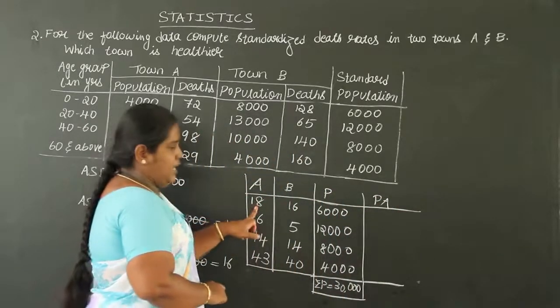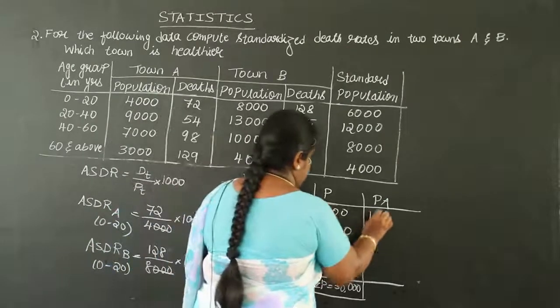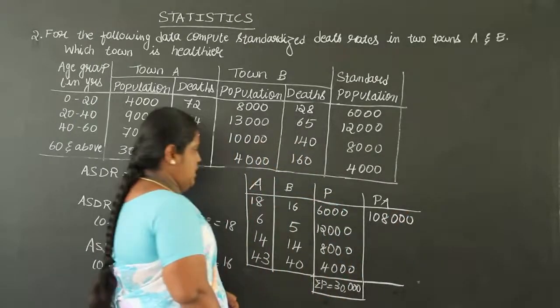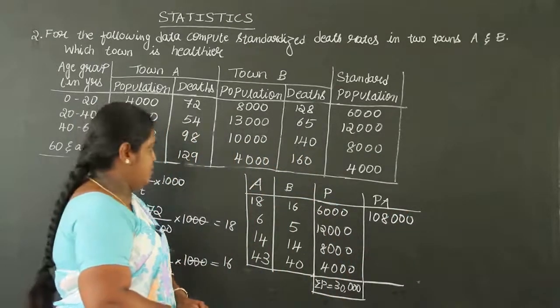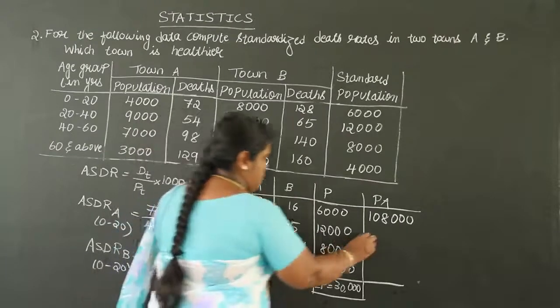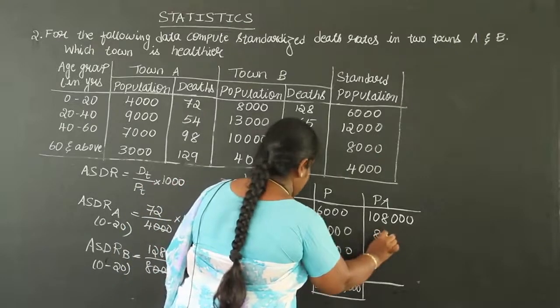So we have to multiply 18 into 6,000. So 18 into 6 is 108, so 1,08,000. Then 6 into 12,000, 84,000.